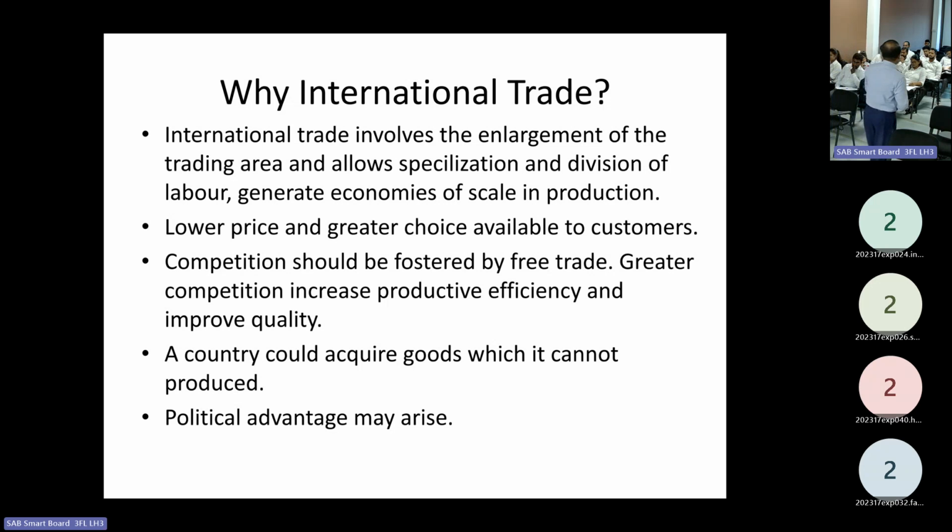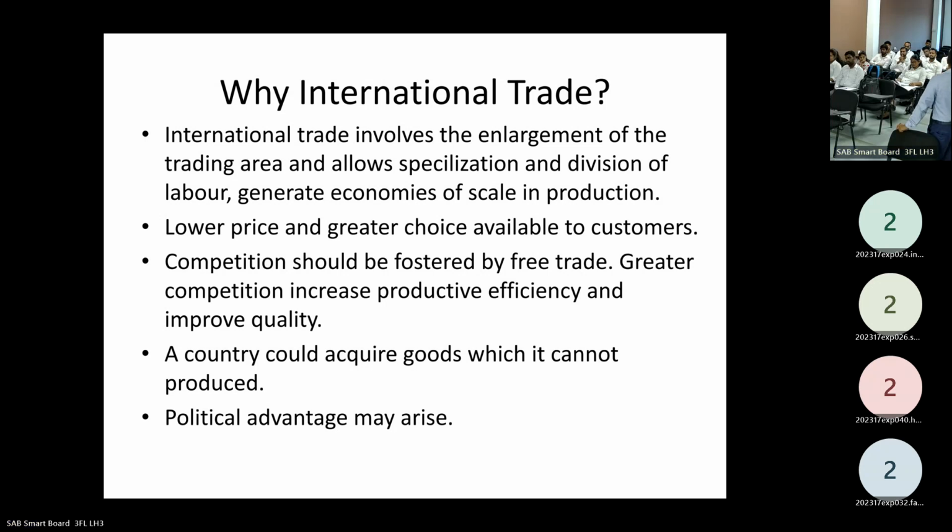So then why do we need international trade? What is important? Tell me one by one. Why do we need trade, especially international trade? Why do we need to import and export goods? One thing is the enlargement of the trading area, the market.